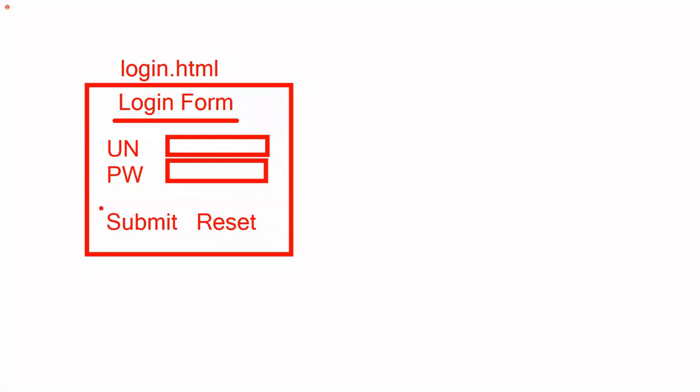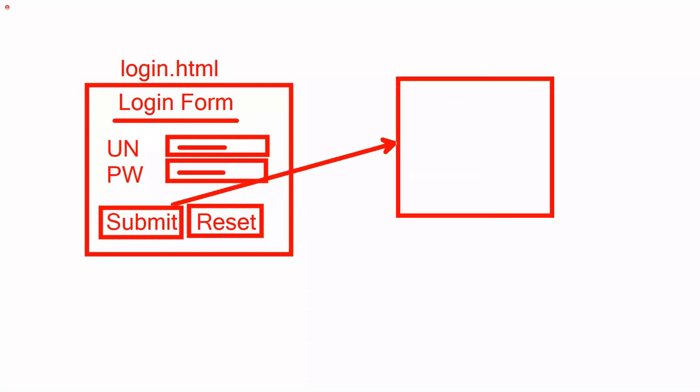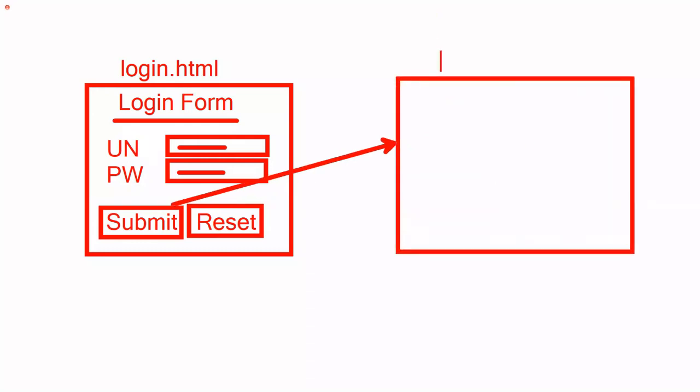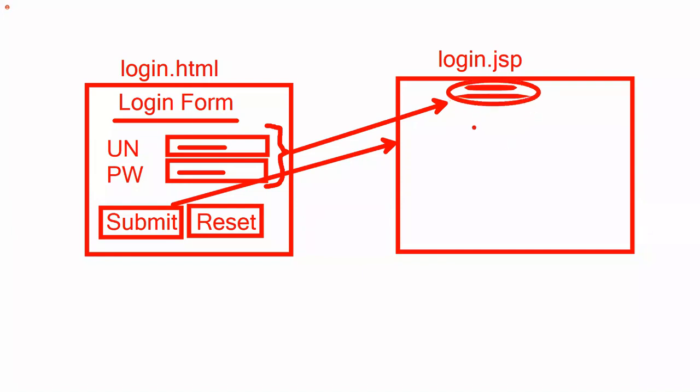Now, first of all, without a database connection, you enter the username and password. When you click on the submit button, login.jsp will receive the username and password. If the given username and password are ABC and XYZ, then I want to display welcome.